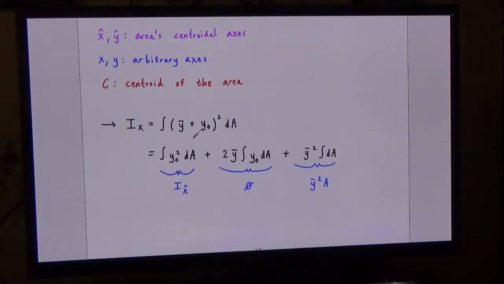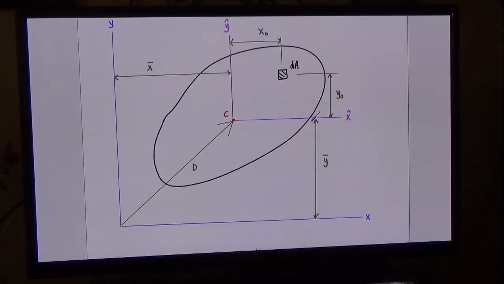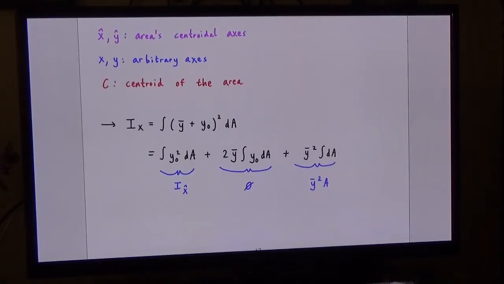For the first term, whenever I have y0 squared times dA, that is the moment of inertia about the x hat axis. It's like integral of y squared dA, but here it's y0, so that's the moment of inertia about this x hat axis. The second term, 2 y bar times integral of y0 dA, actually turns out to always be 0.